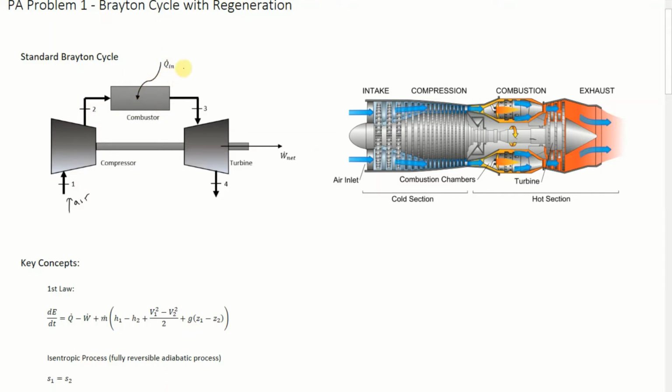In reality, this heat addition would be through adding fuel, but we model it as heat addition, as when the fuel combusts, there is heat added. Then at point 3, it's going to be high pressure, high heat, and we're going to extract that heat through the turbine. A couple of things to notice here.